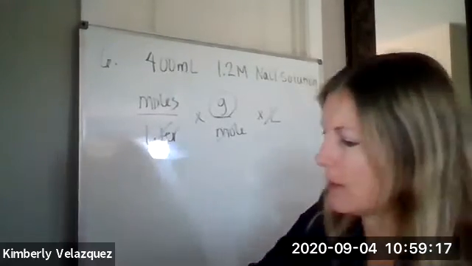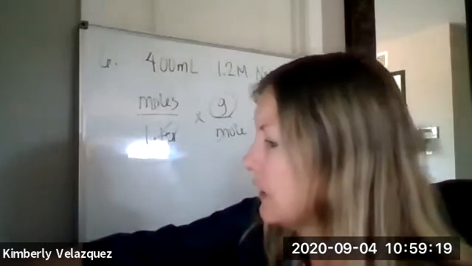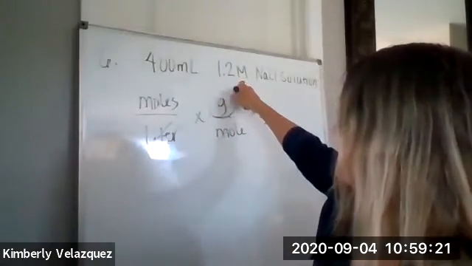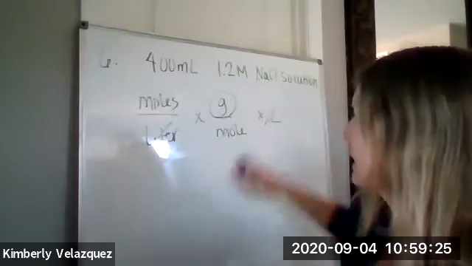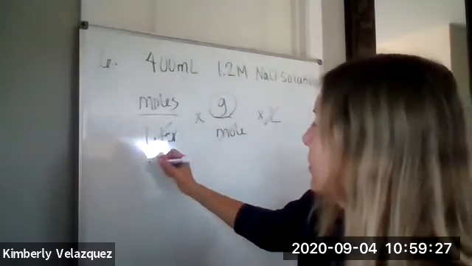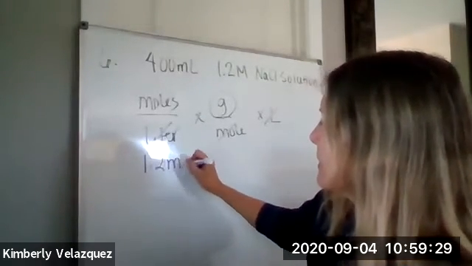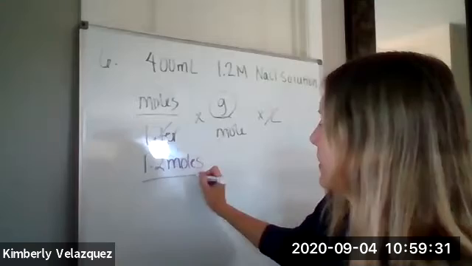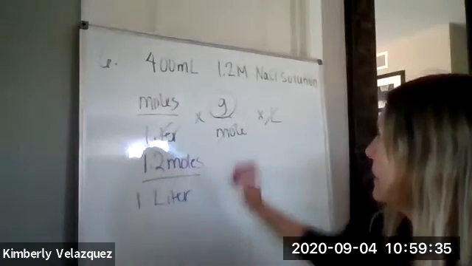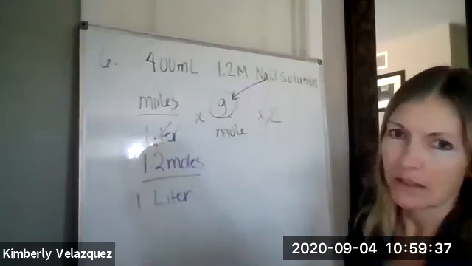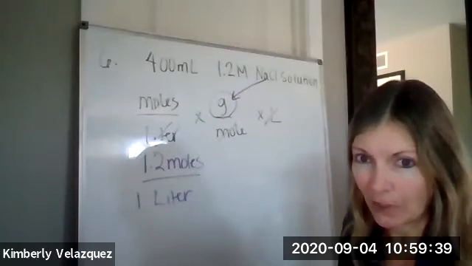We're just going to plug in the numbers. Moles per liter, that's our molarity. So this is telling us we have 1.2 moles per liter of sodium chloride. So 1.2 moles per 1 liter. Okay, grams per mole, that's the mole weight of our solute.